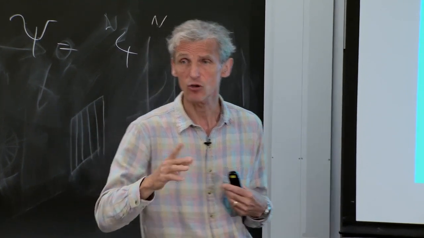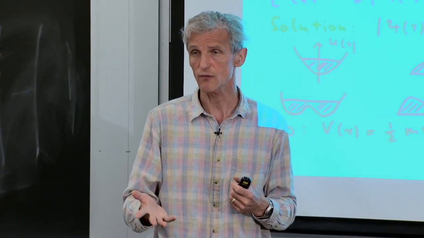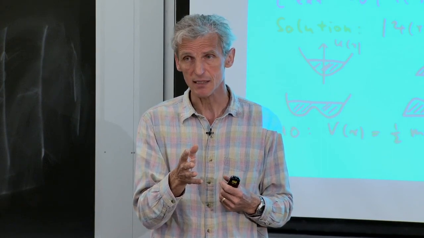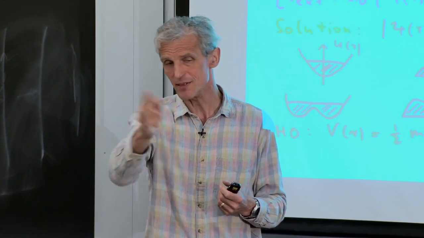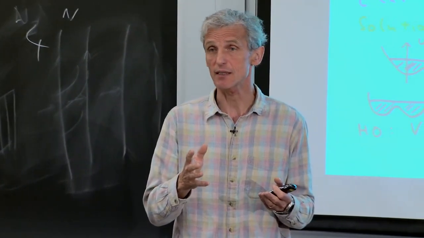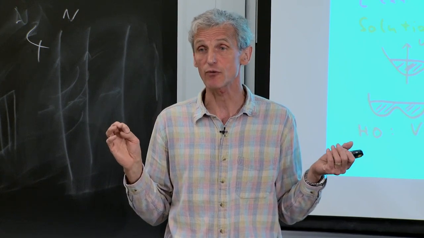So I think the correct answer is the most efficient way to create vortices would be to excite quasi-particles, but then excite so many, and this may relate to Matt's question, create so many quasi-particles that you have really a time-dependent and oscillating macroscopic wave function.